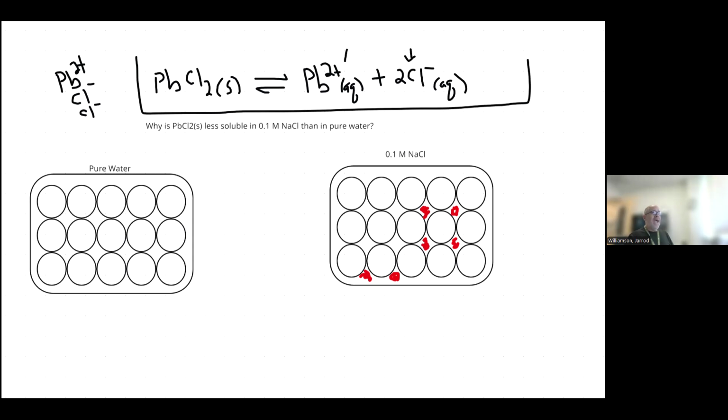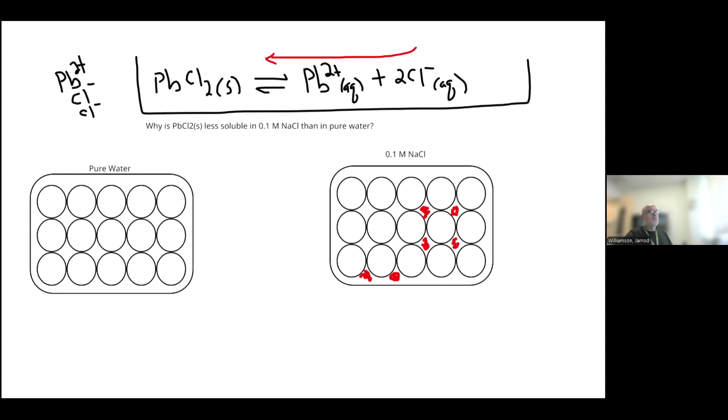And adding either of these two ions will shift the equilibrium back this way.